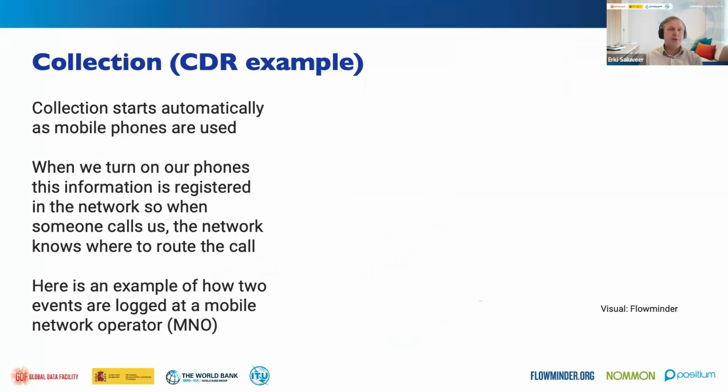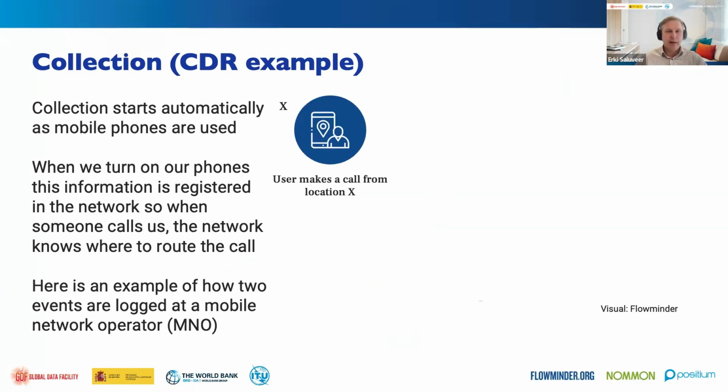So how does the collection within a mobile phone data project happen? The data generation always starts when someone uses a phone. In our example here, people are making phone calls and generating events to the mobile network operator.